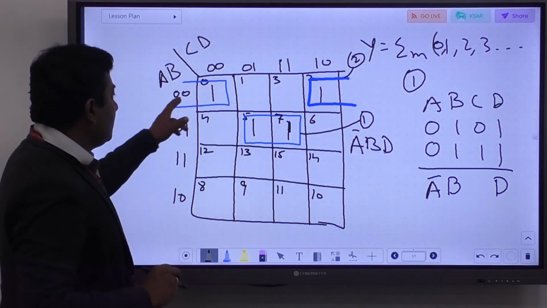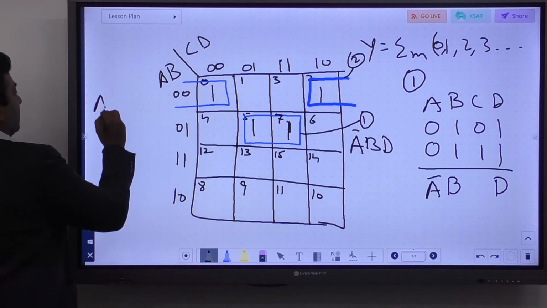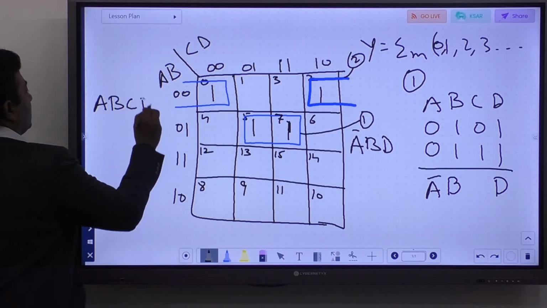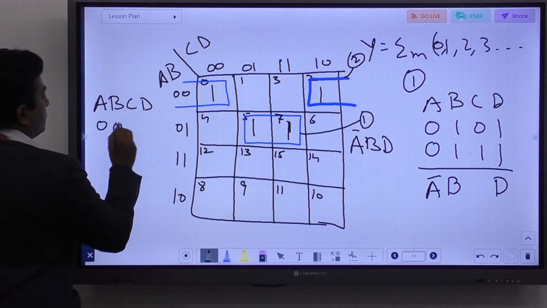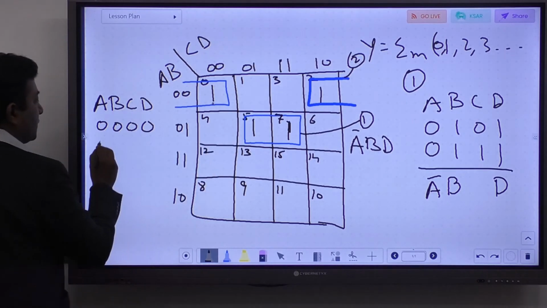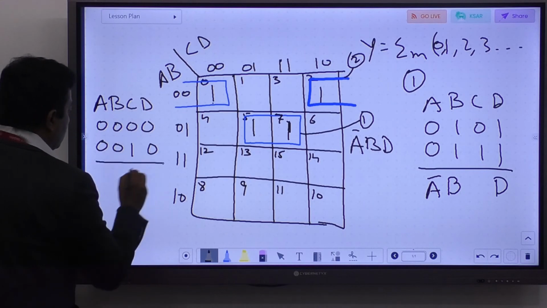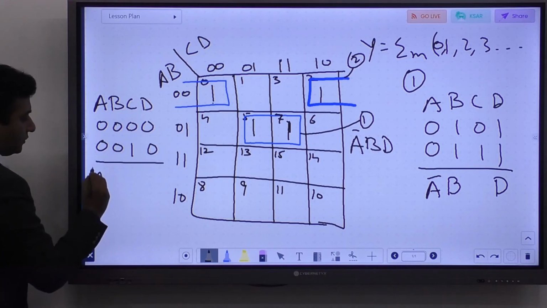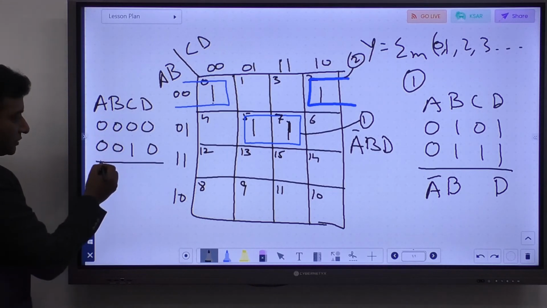Okay. Similarly, for group 2 it would be 0, 0, 0, 0 for this particular member, and for that particular member it is 0, 0, 1 and 0. The output would be A bar because of these zeros.